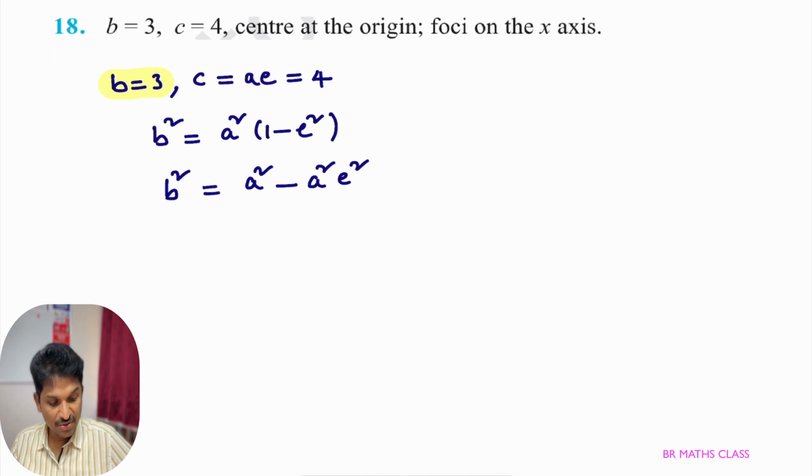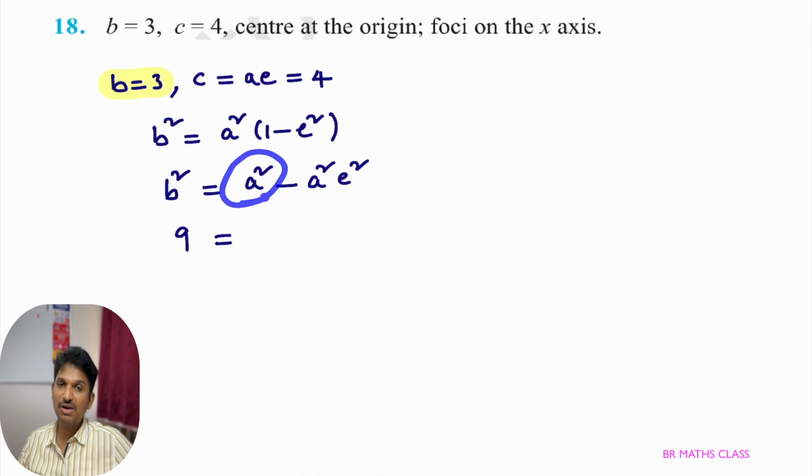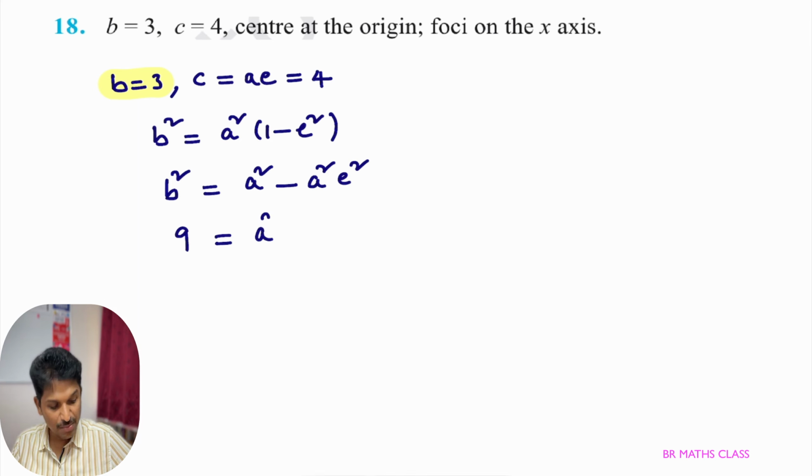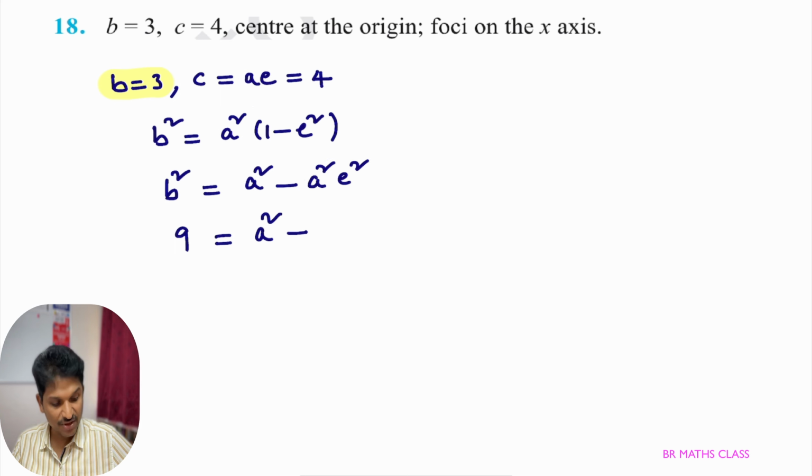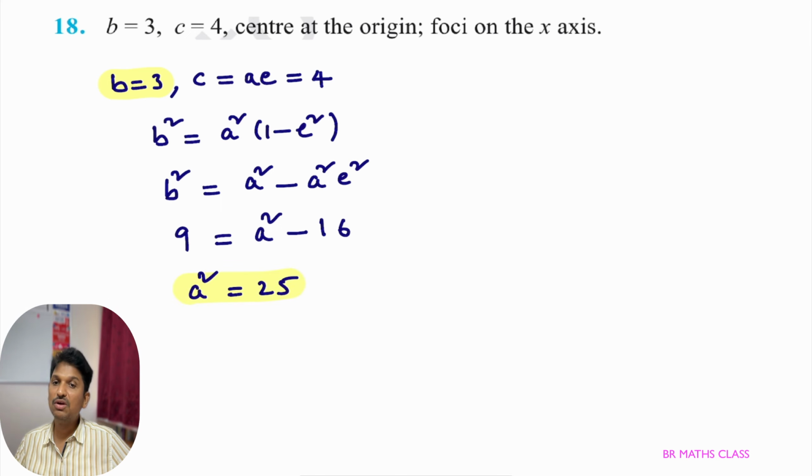B is 3, so B square is 9, equal to A square minus A square E square. As AE is 4, A square E square is 16, right? From this, what is A square? A square is 9 plus 16. 9 plus 16 is what? 25. So now we know the value of A square and we know the value of B.